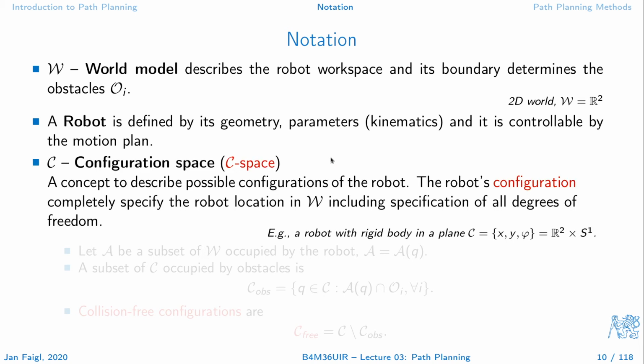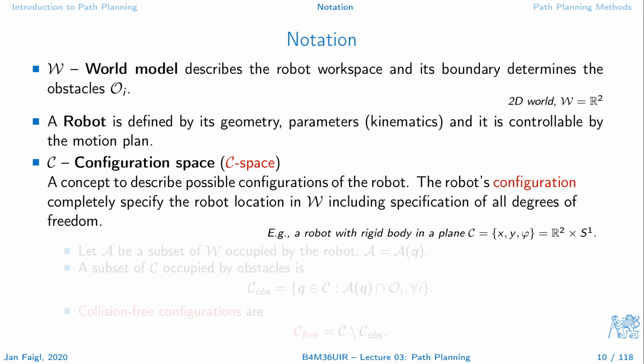And what is very important for path and motion planning is the notion of the configuration space, C space. And it's a concept that describes all possible configurations of the robot. And the robot's configuration completely specifies the robot location in the world model, including the specification of all degrees of freedom. And you can further consider other constraints on the robot motion.